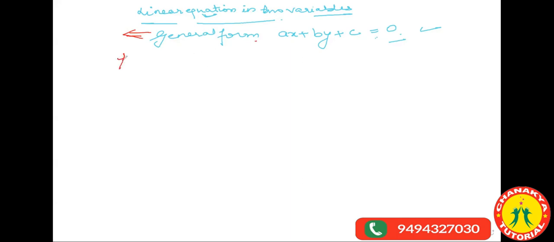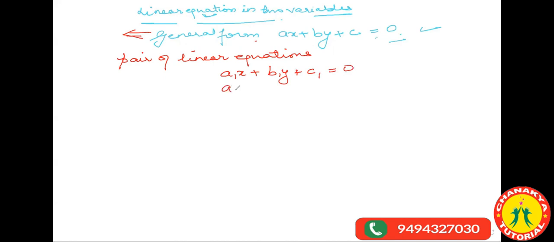Now in this we will study pair of linear equations. So pair means two linear equations. That means a1x plus b1y plus c1 is equal to 0, and a2x plus b2y plus c2 is equal to 0.